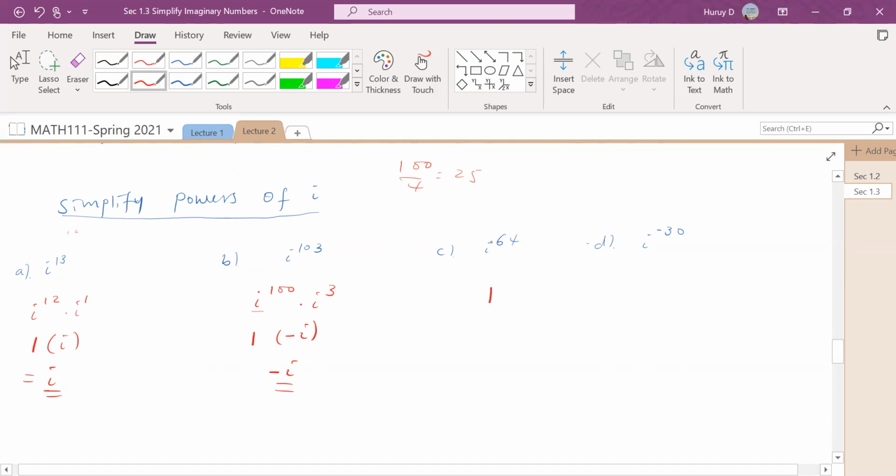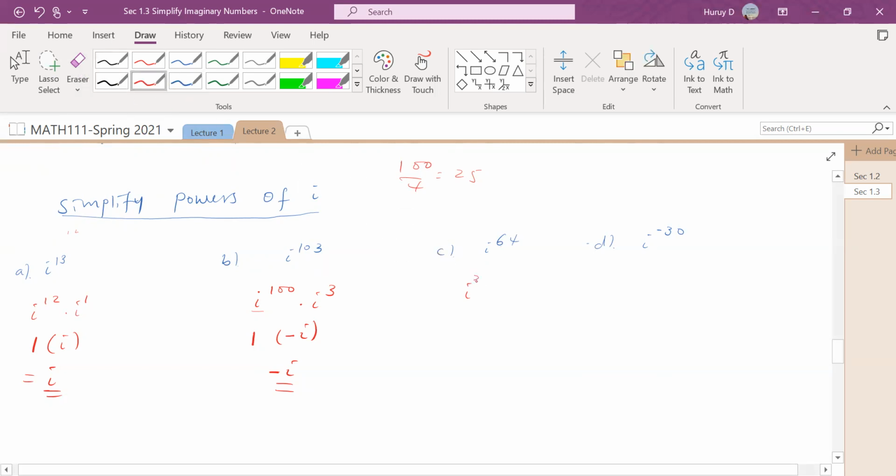You can simplify this one if you don't remember the properties. 64 is 4 to the power of 3.